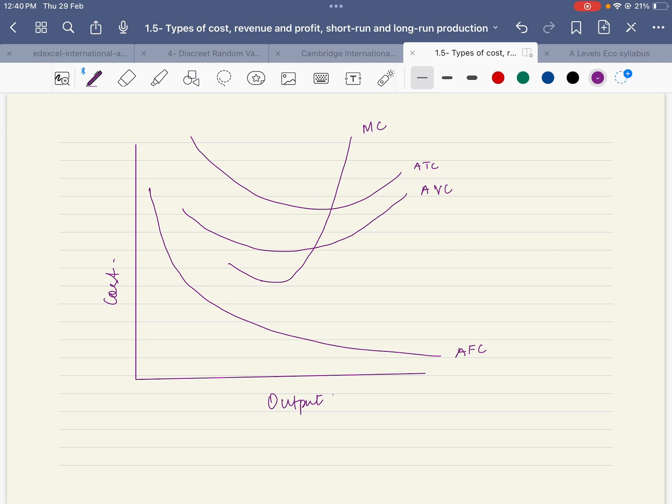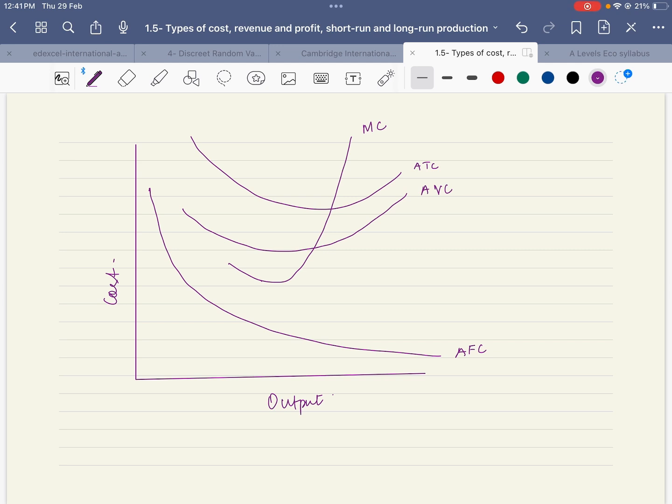At the same time, average variable cost will be rising because of diminishing returns to the variable factor. Eventually, this will outweigh the effect of falling average fixed cost, causing average total cost to rise. The result is a U-shaped curve.